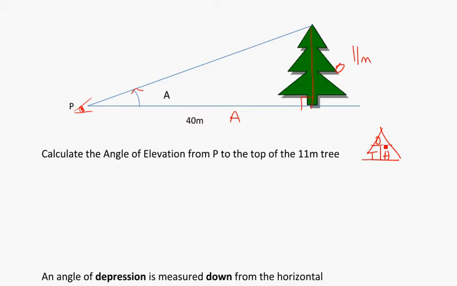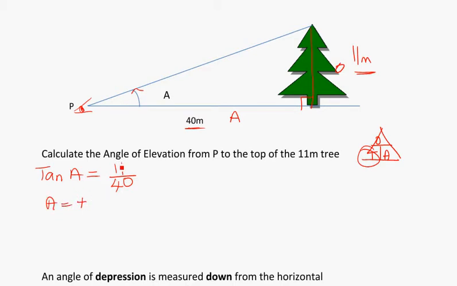Okay, we're finding an angle, so we're using the bottom of that, and so we say the tan of A equals, what does it equal? The opposite, which is 11, divided by the adjacent, which is 40. And so there we have our equation. Use the inverse button.